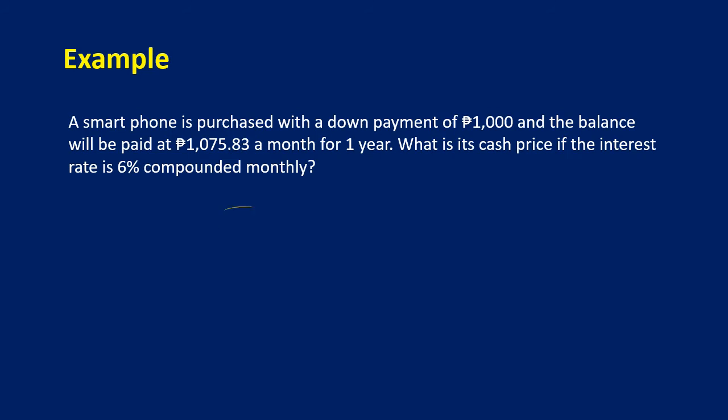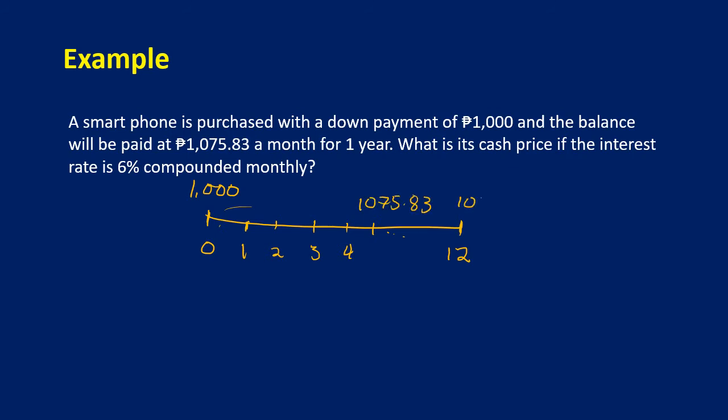So I want to illustrate what is happening here. So at time 0, present, you have a down payment of 1,000. Okay? And then at the end of each month until 12, you will pay 1,075.83.